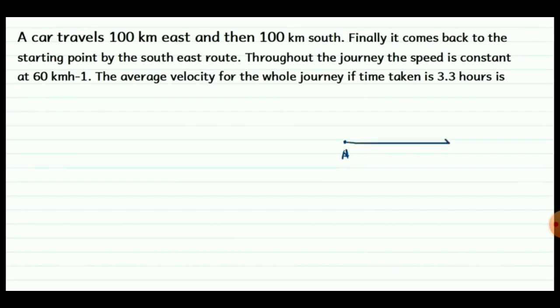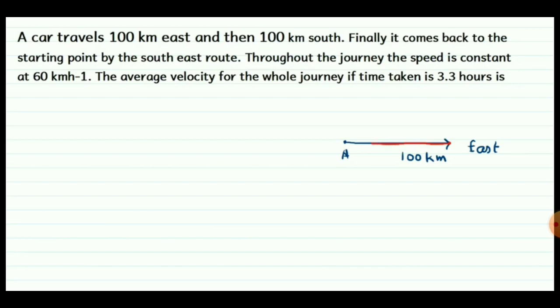Now a car travels 100 kilometer east and then 100 kilometer south. From A we have started and we have moved in the east direction. The total distance from A to this point is 100 kilometer. Finally, we came back to the starting point.